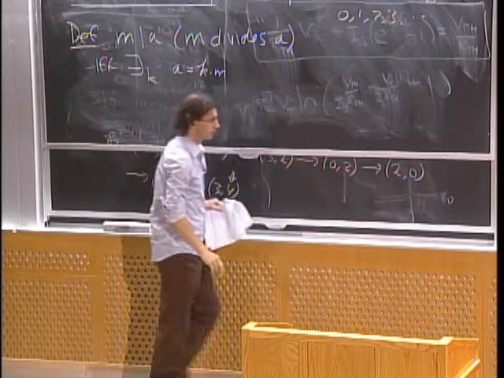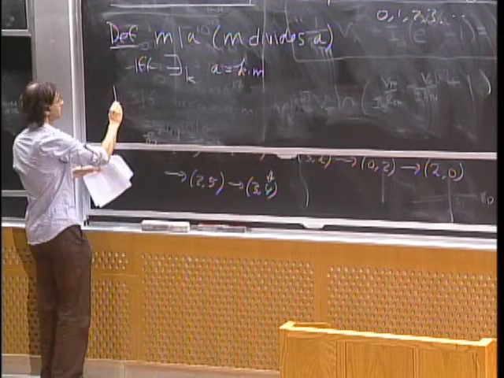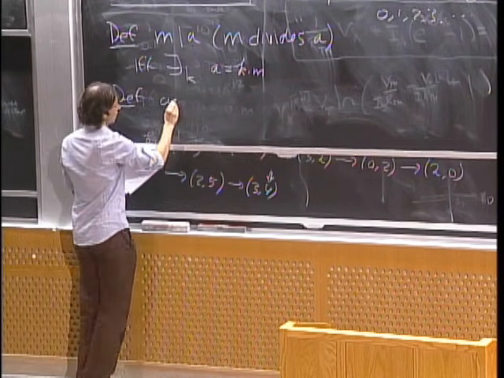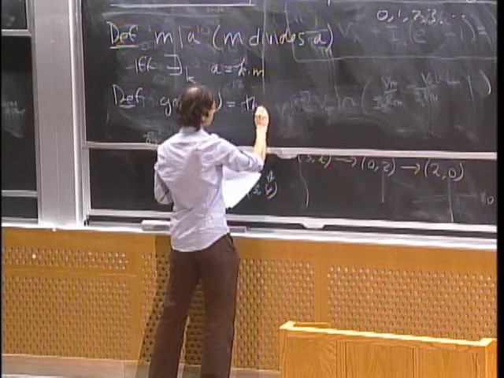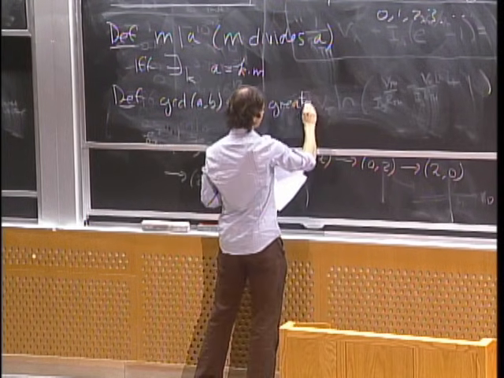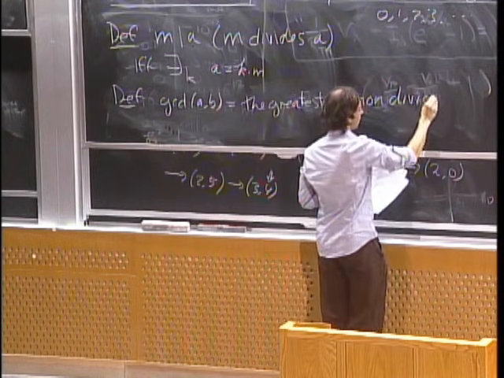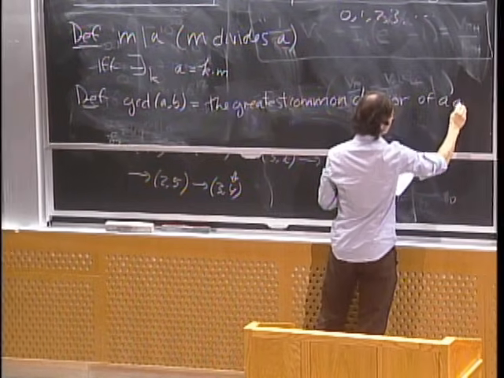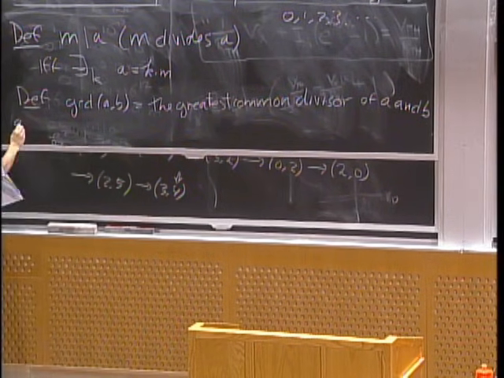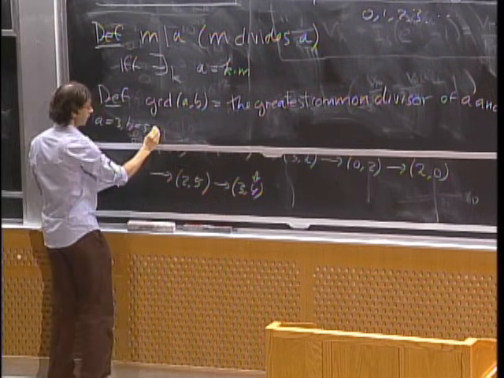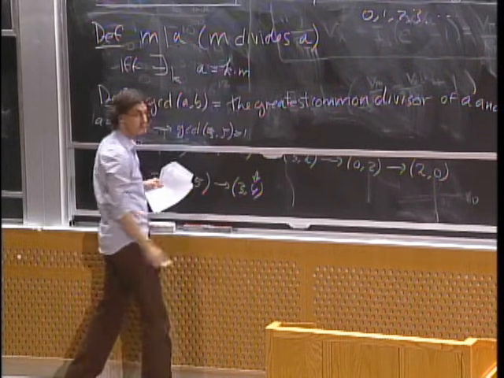We will use the terminology GCD of A and B as being the greatest common divisor of A and B. So, for example, if we are looking at A equals 3 and B equals 5, then the GCD of 3 and 5 is equal to 1.